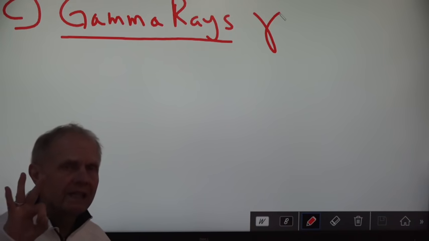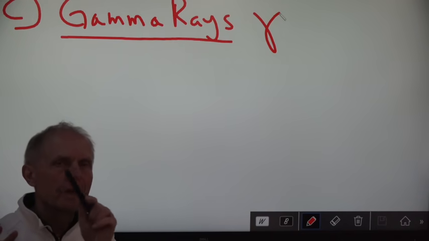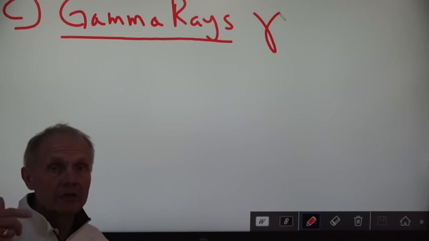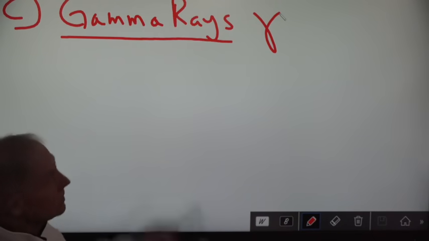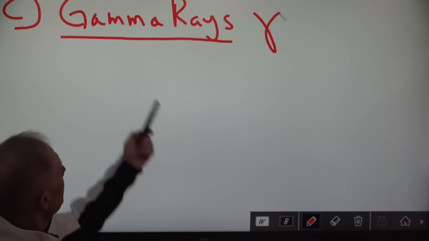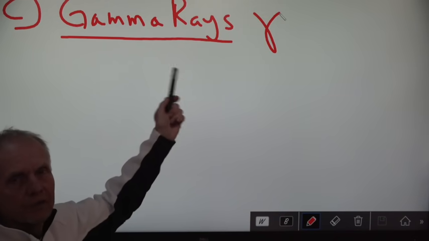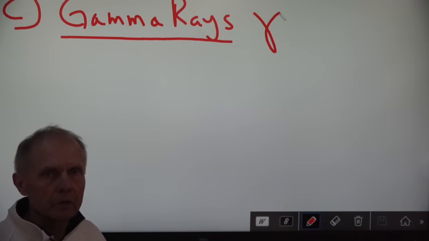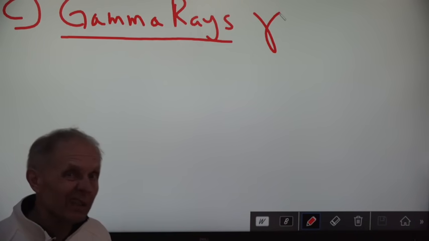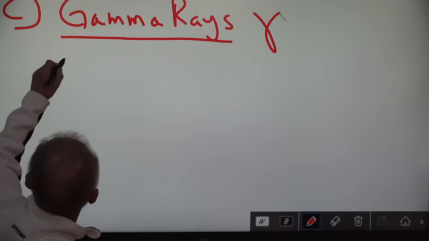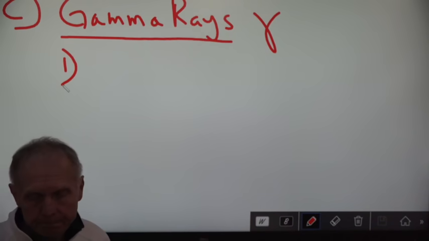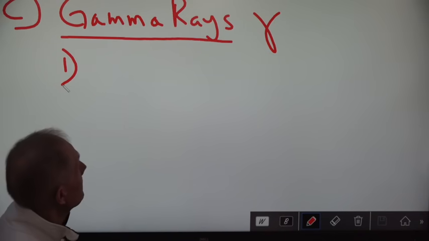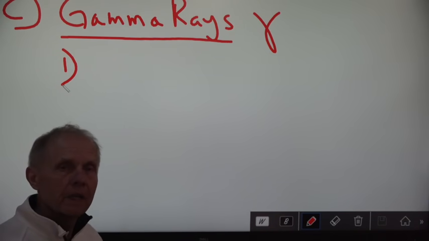Remember, I said 3 things can make one radioisotope change into another. Alpha decay, beta decay, and positron emission. This doesn't. So this does not artificially transmutate one radioactive element into another. Well, what does it do? Well, first let's talk about what is a gamma ray. So number 1. First of all, it has no mass and no charge.